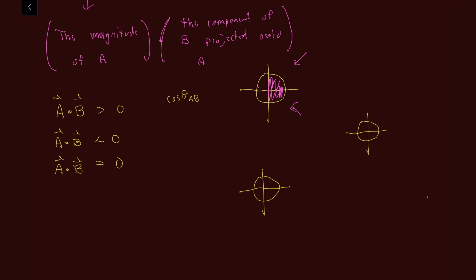Now, when is that? That's going to be when theta is less than pi halves. This is pi halves, and it is when theta is greater than negative pi halves. This is negative pi halves, pi halves. Cool. I hope that makes sense.